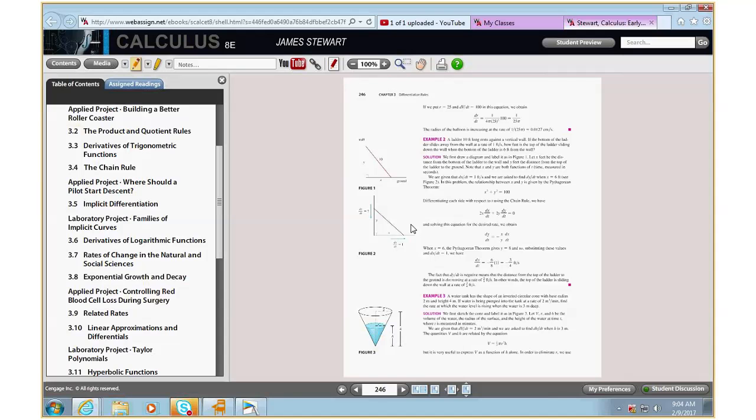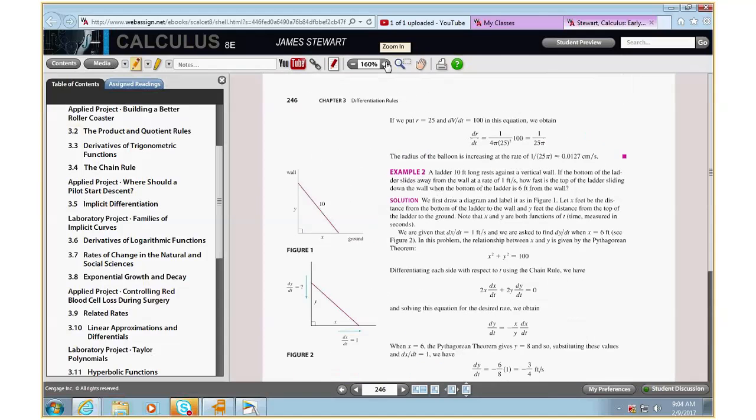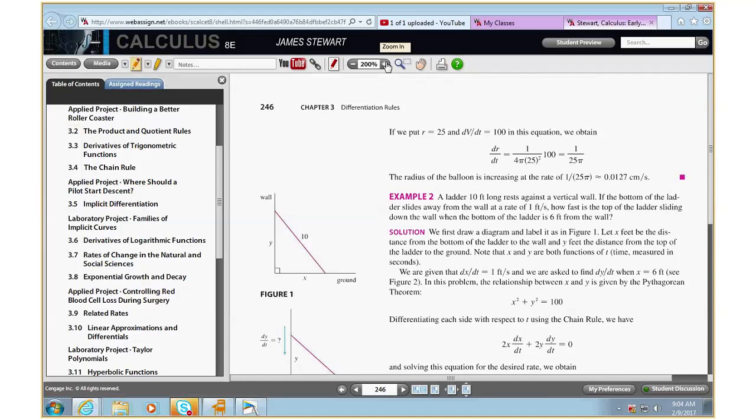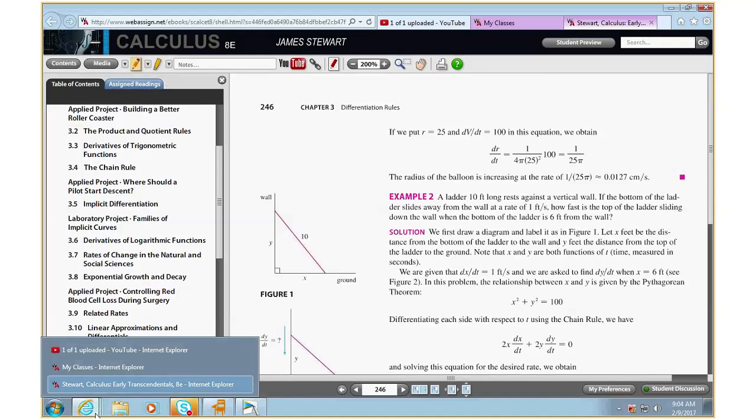I'm going to blow this up because it's not too clear. There we go. Alright, snip that.